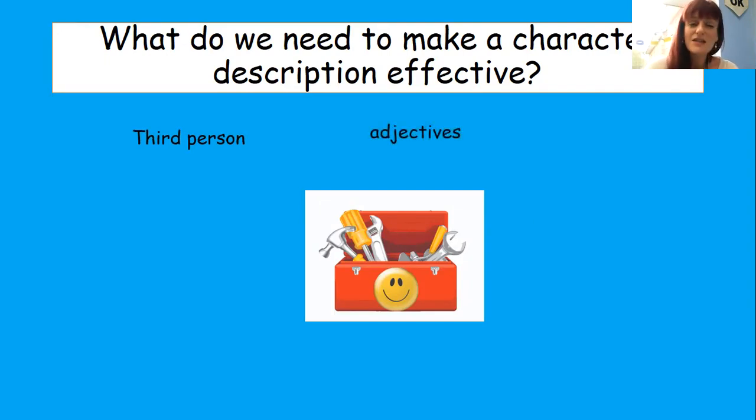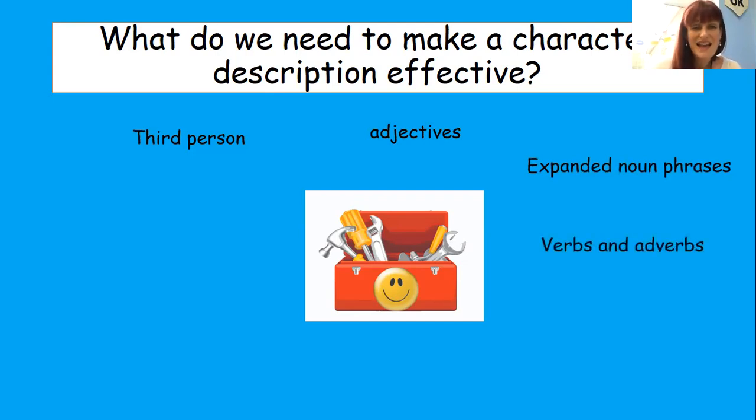Adjectives, okay? Describing words, colour words, things like that. Expanded noun phrases where you are using 2 adjectives separated by a comma to describe a noun, like dog, black cat. All right, so that will be an expanded noun phrase. Verbs and adverbs.